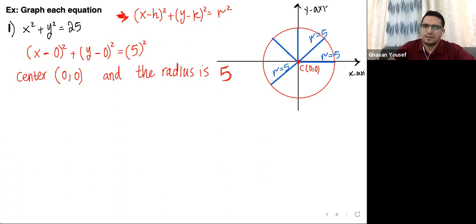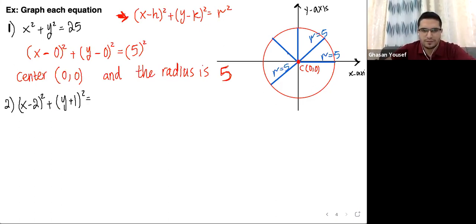Okay, the second example is number 2 here. Graph the equation x minus 2, squared, plus y plus 1, everything squared, equals 25. Who will do this one? What's the center and what's the radius?